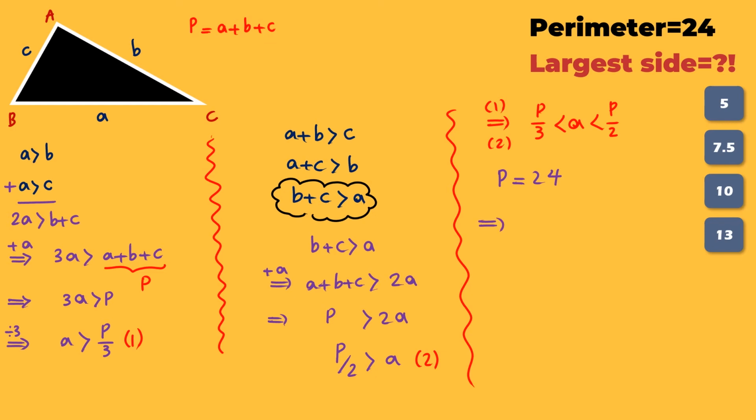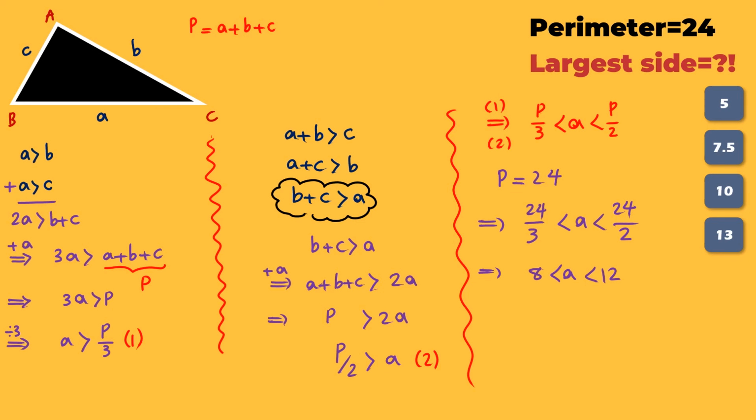So, based on this property, we can say that the largest side, A, is between 24 divided by 3 and 24 divided by 2. So A is a number between 8 and 12. Now at this point, let's take a look at the answer choices we have.